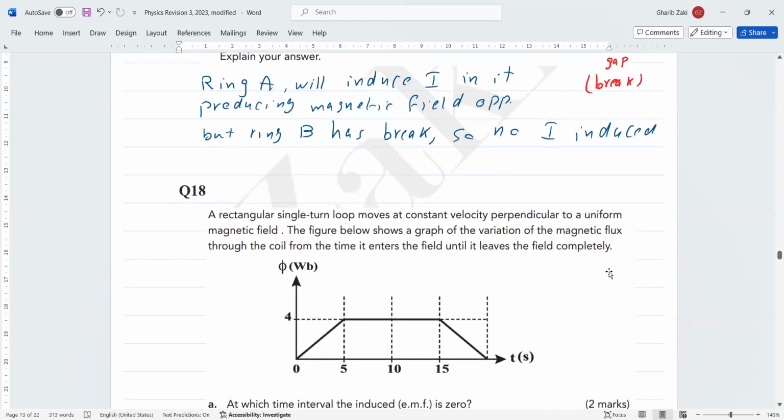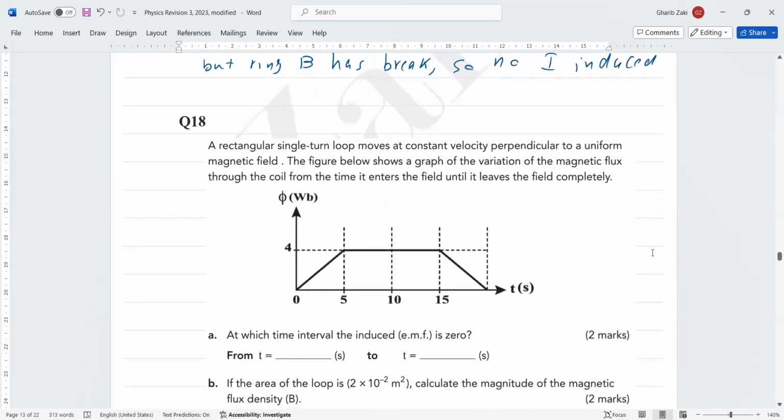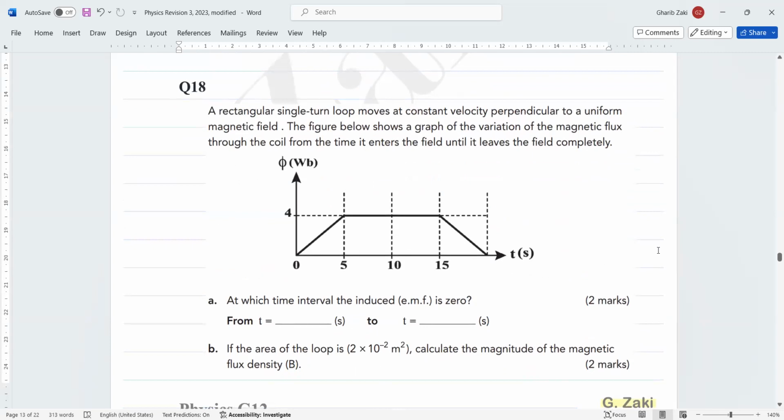Now, question number 18. Try to think with me. A rectangular single turn loop, N equals 1, moves at constant velocity, perpendicular, theta equals 90, to a uniform magnetic field. The figure below shows the graph of variation of magnetic flux through the coil from the time it enters the field until it leaves the field completely. Now let us analyze.